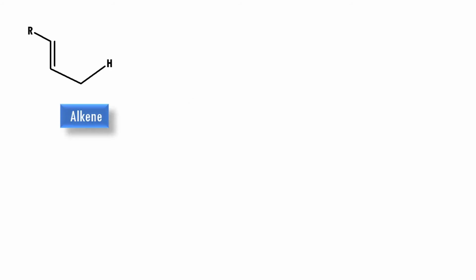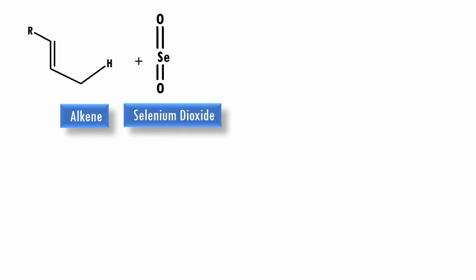Let's discuss its mechanism in detail by taking the example of an alkene. When the alkene is reacted with selenium dioxide, the pi bond of the alkene is shifted onto selenium and a new bond is formed between carbon and selenium.